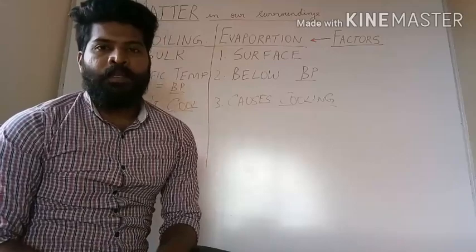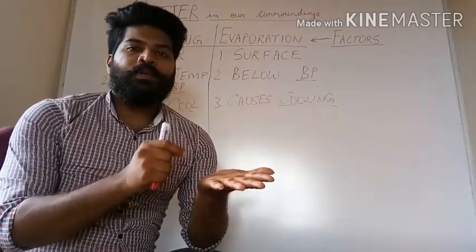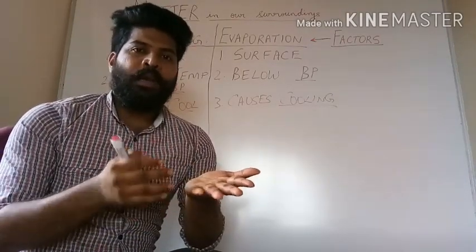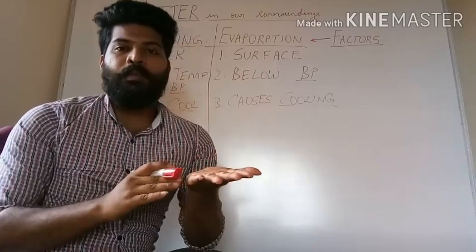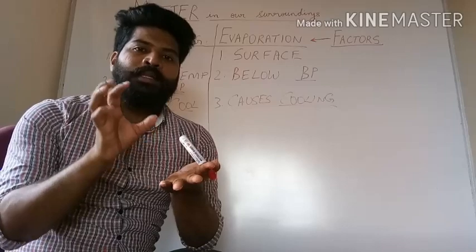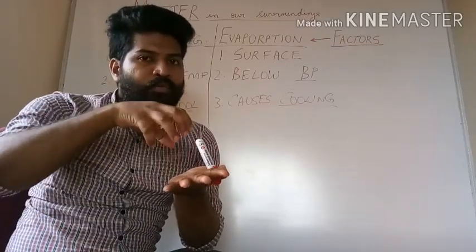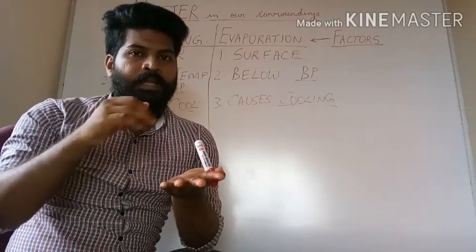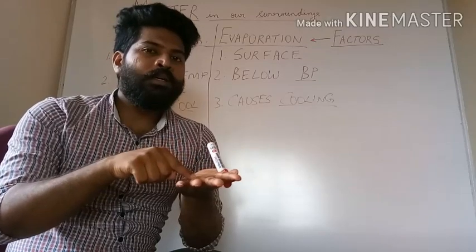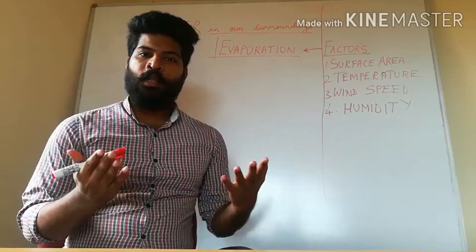A very simple example: if you take your palm and add a few drops of alcohol, ethanol or acetone, after some time you will feel that your palm has become cool. That is because the particles of ethanol or acetone absorb heat energy from our palm and undergo evaporation. So the temperature of our palm has come down, which causes cooling.